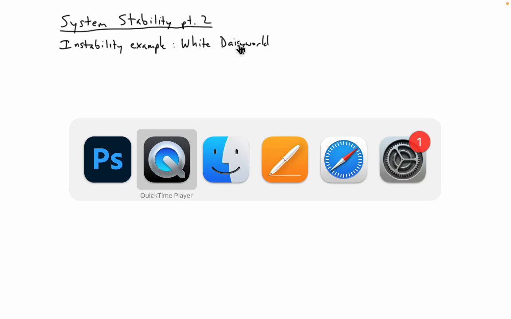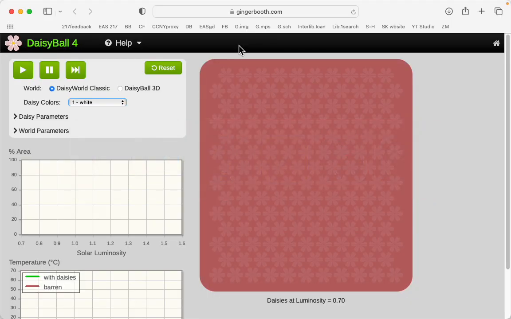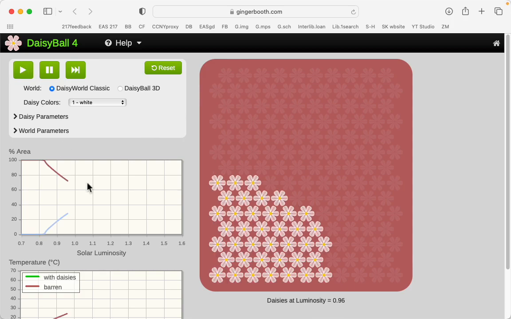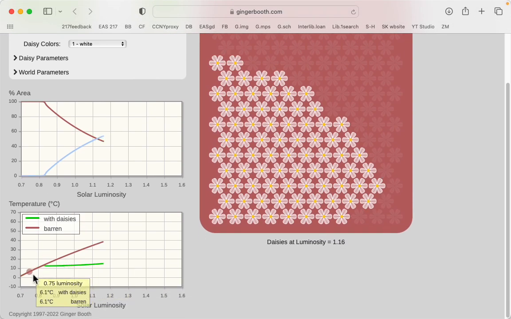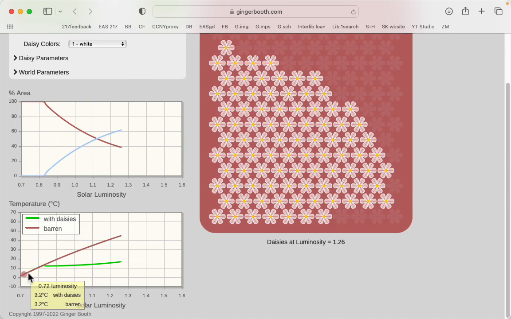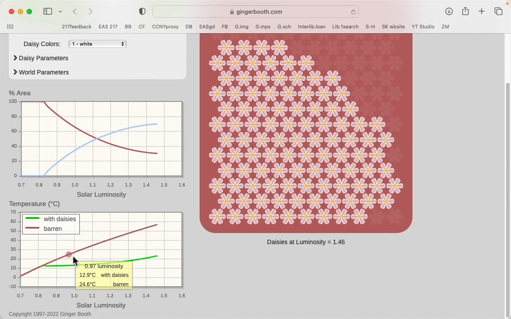So let's just review a little bit about Daisy World. I've chosen just white Daisy World only, and we'll run the simulation here. Okay, so what happened over time was, normally due to solar forcing in this model, the solar flux is increasing.